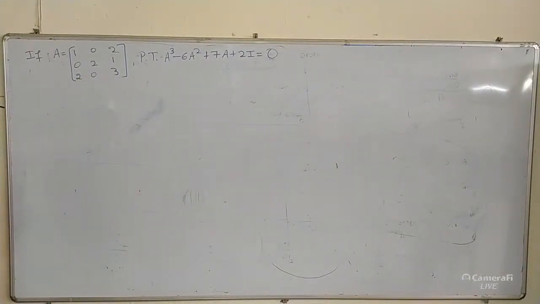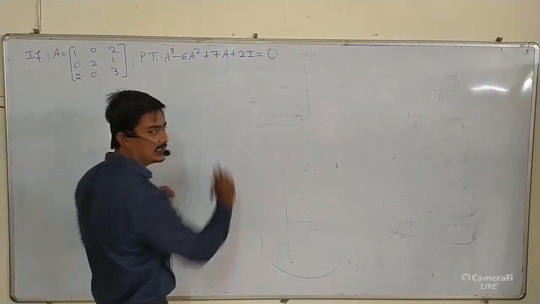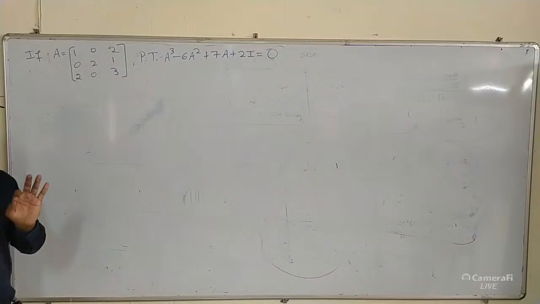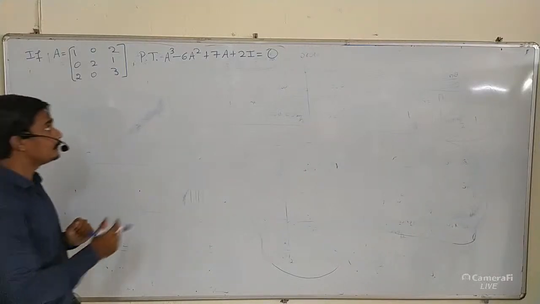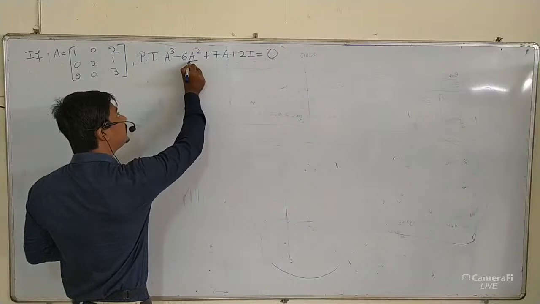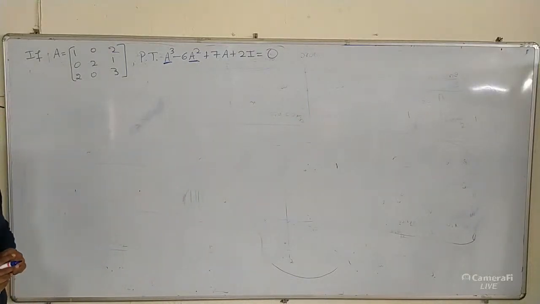See, again in this problem, using A matrix we need to prove that LHS is equal to RHS. Look at the LHS. To find out left hand side, what do I need to know first? I need to know A square matrix and A cube matrix.